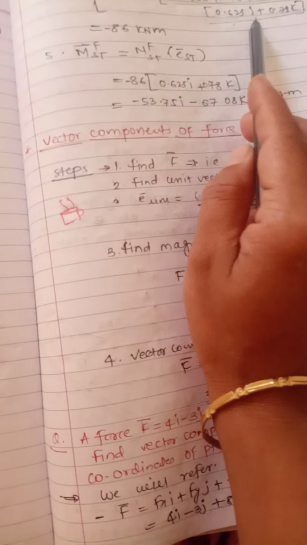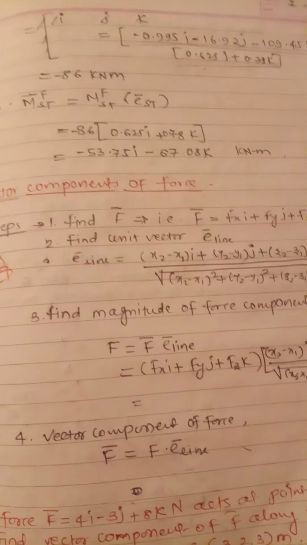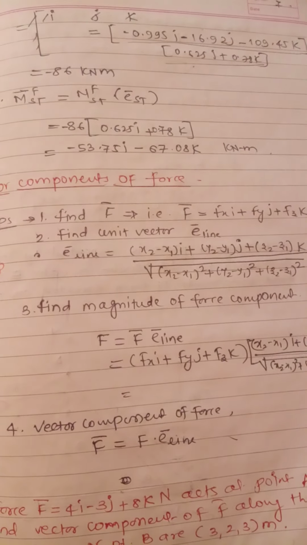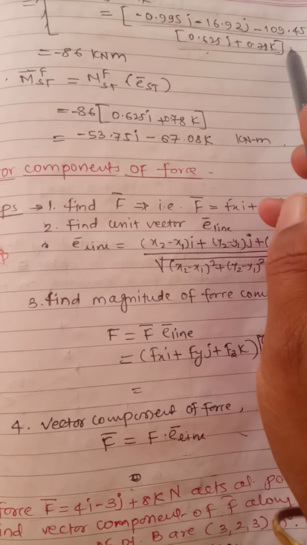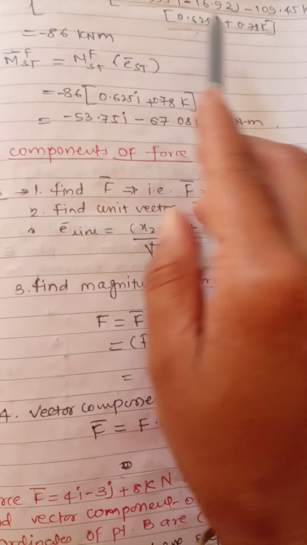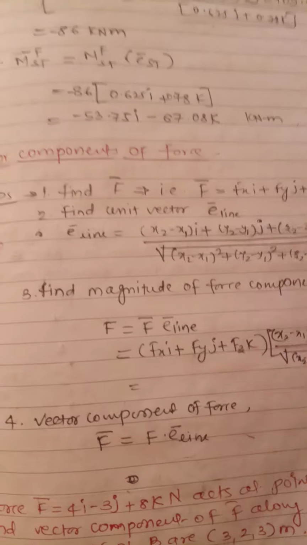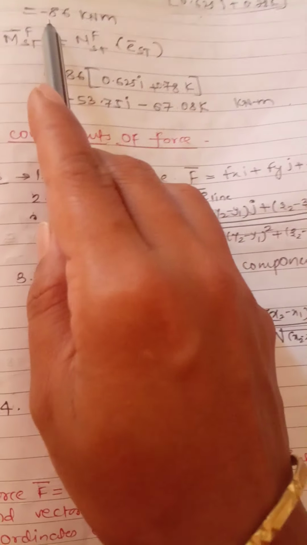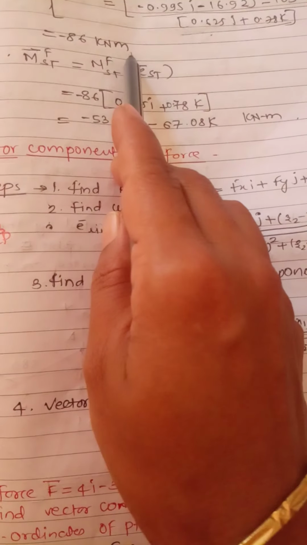i into i will give you i squared, whose value is 1. Then j squared and k squared will give you values, while the cross products of i and j will not give you any value. By doing that kind of product multiplication, you will get the value as 86.